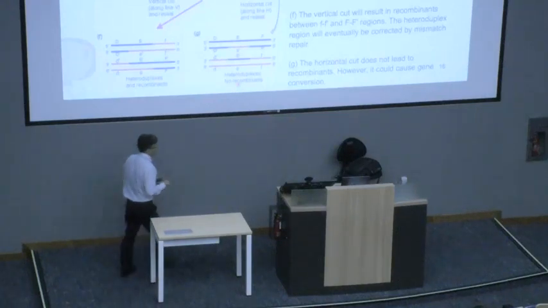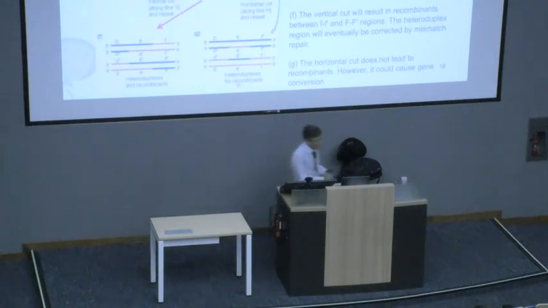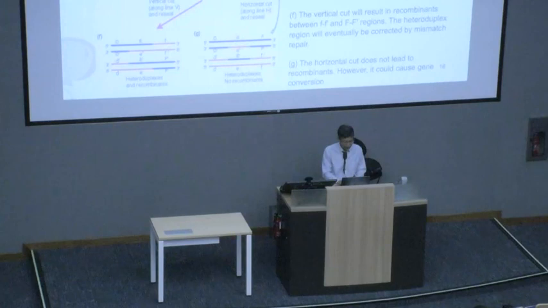And this heteroduplex must be repaired, because the DNA sequences are not paired to each other. The cell will be able to recognize those kinds of mismatches and then go to repair. The repair will generate different outcomes, which we're going to elaborate on later.